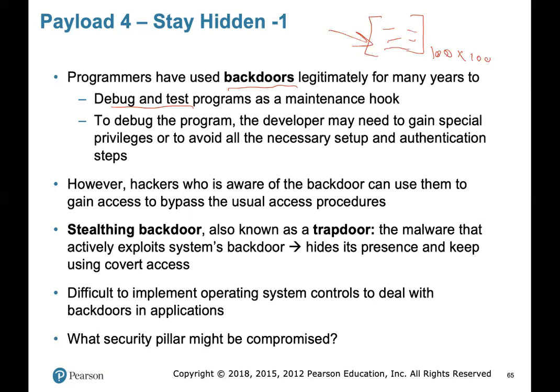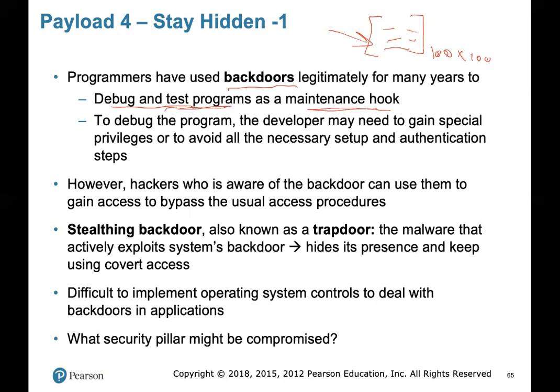You just write a backdoor in your program so that when you run it, it just jumps to the multiplication subroutine, and you go there and check if the multiplication is working correctly or not. So this is a backdoor that gives you some type of shortcut in order to debug and test your program easier. They are also sometimes called maintenance hooks.